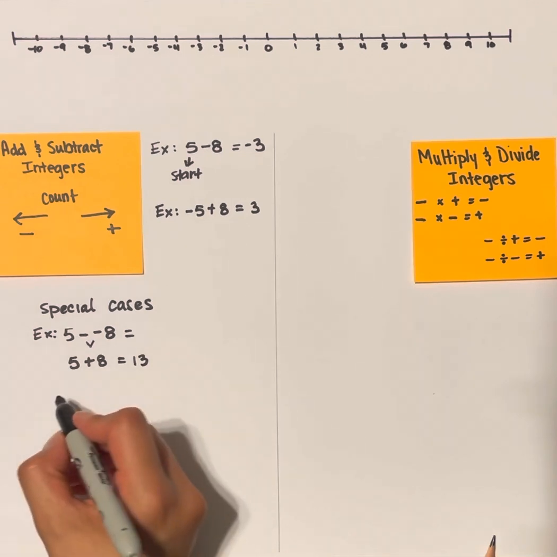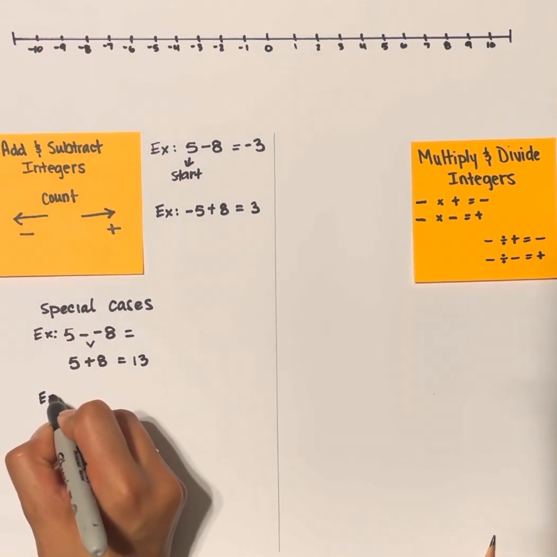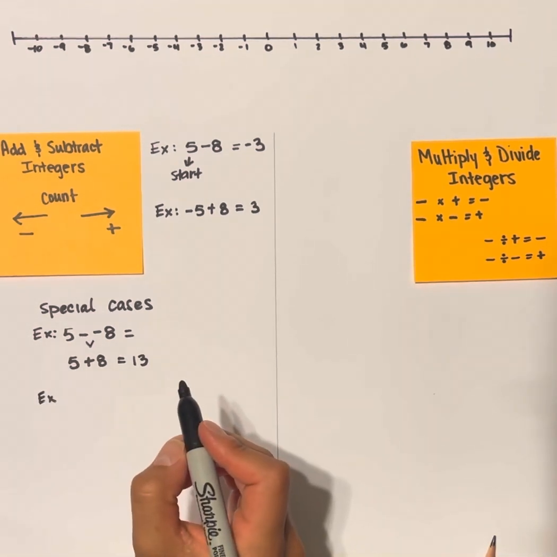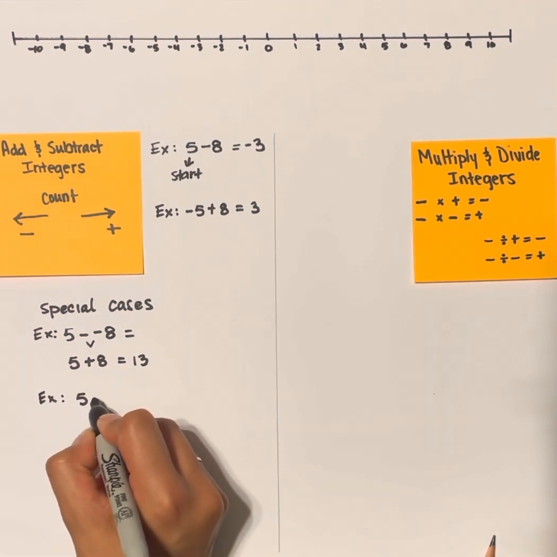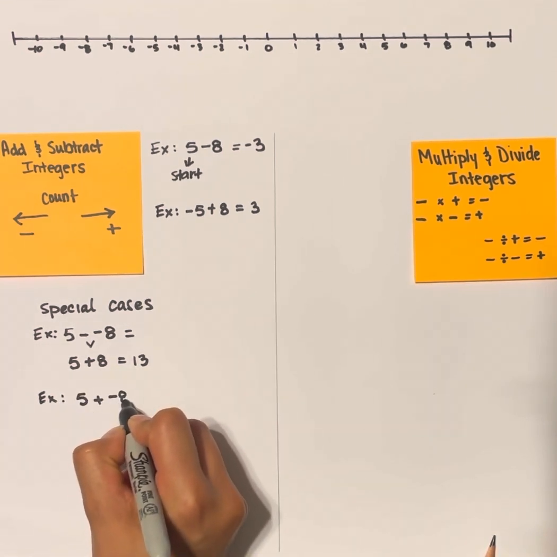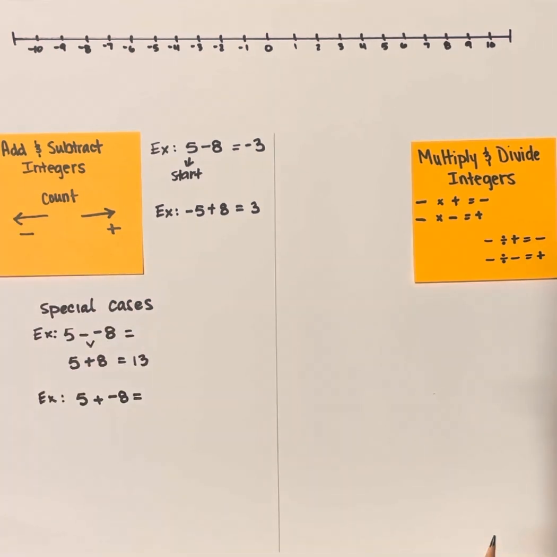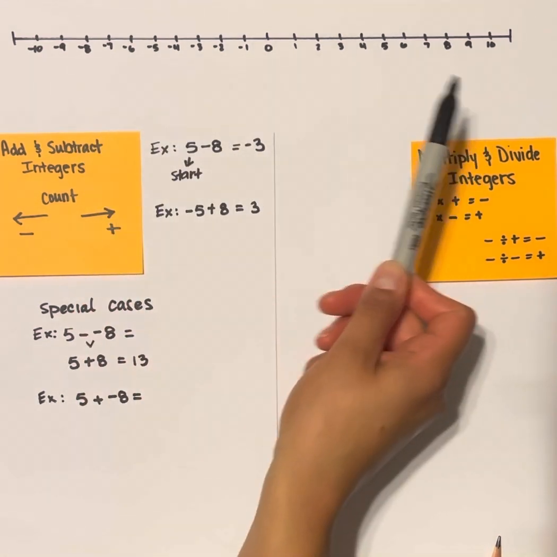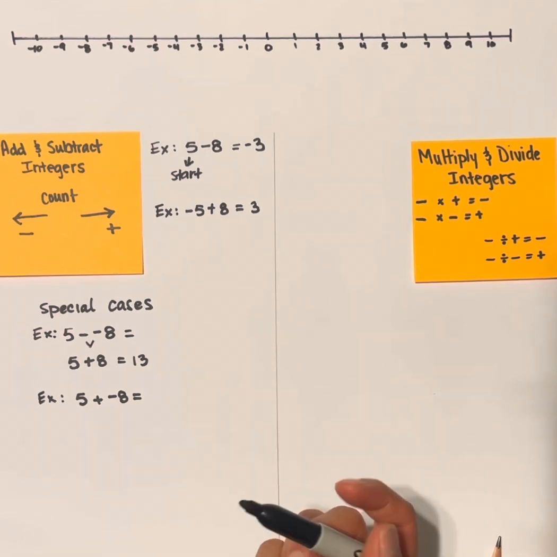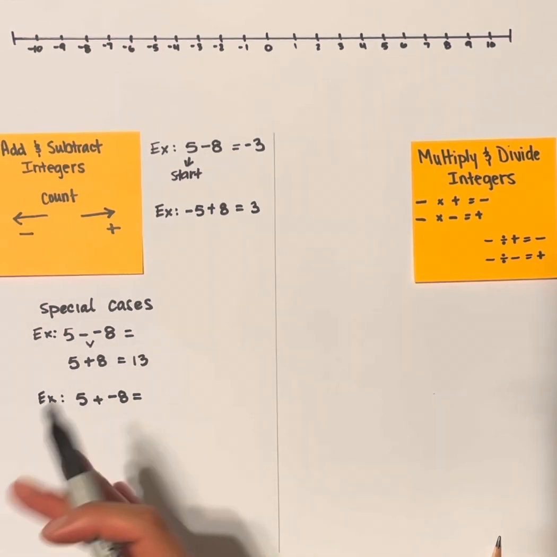Another special case would be like 5 plus a -8, because you might get confused. You're like, what direction am I counting? Am I counting right because I'm adding, or am I counting left because it's a -8? The negatives on my number line go to the left, positive goes to the right. So this, I'm adding negatives.